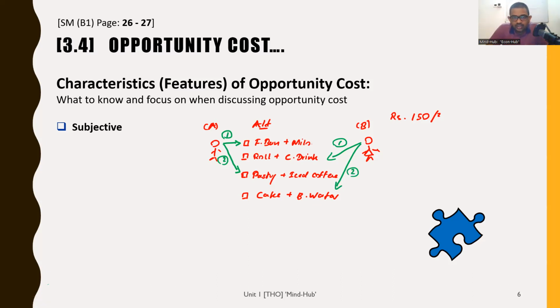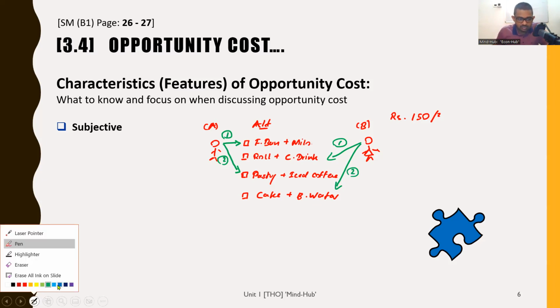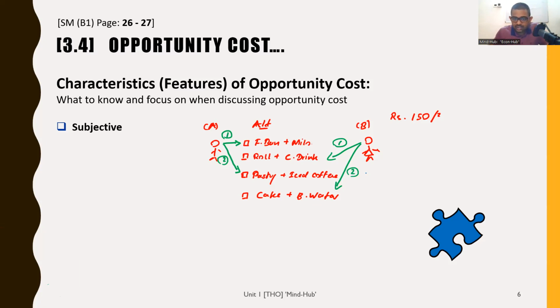Can happen, right? Now, remember, the second best alternative is what represents the opportunity cost. Second best alternative is what always represents the opportunity cost.